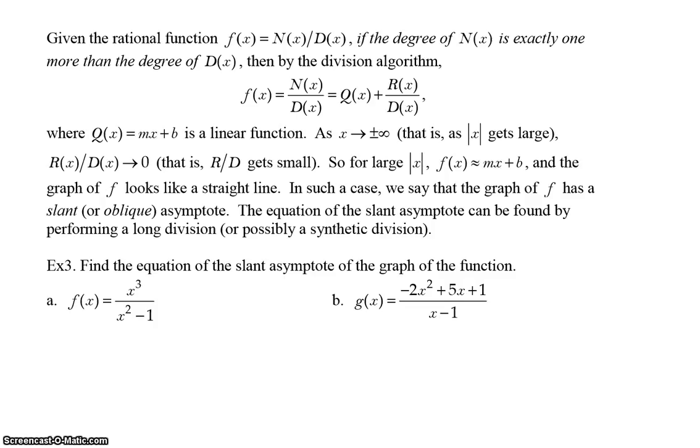The graph is going to approach some kind of slanted straight line. The equation of the slant asymptote can be found by performing a long division, or in some cases, assuming you have the right kind of divisor, you can use synthetic division.